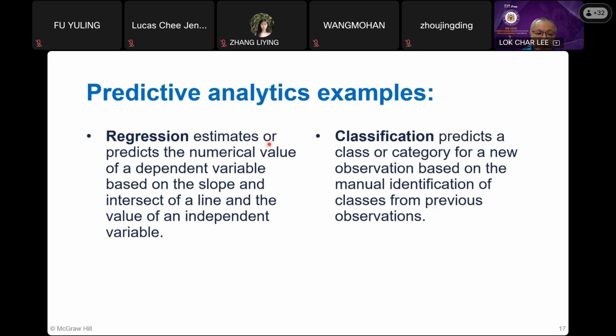Regression estimates or predicts the numerical value of a dependent variable based on the slope and intercept of a line and the value of an independent variable. The independent variable in our case is the background of the CEO. Then classification. Classification predicts a class or category for a new observation based on the manual identification of classes from previous observations.